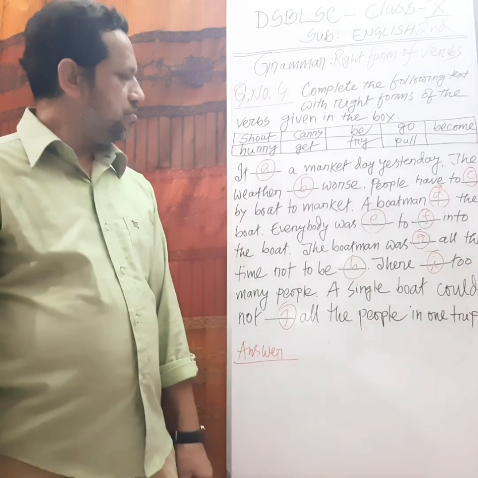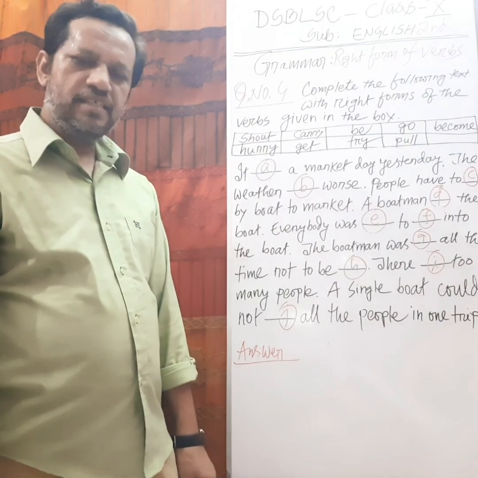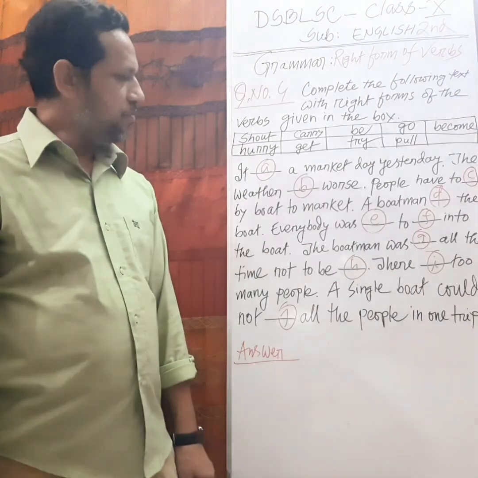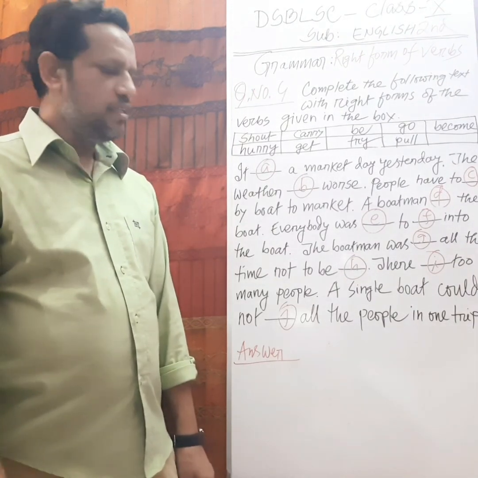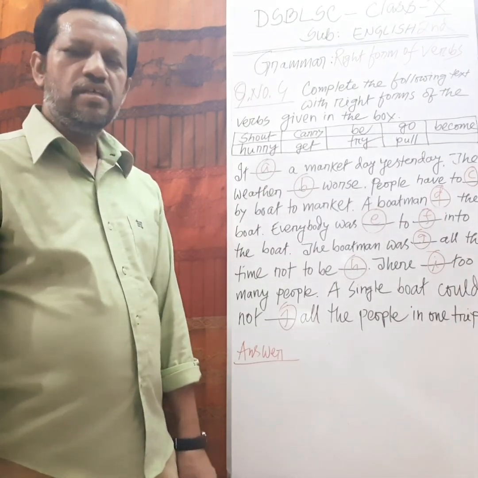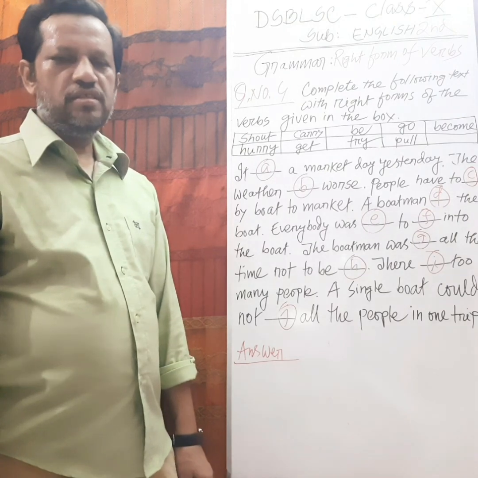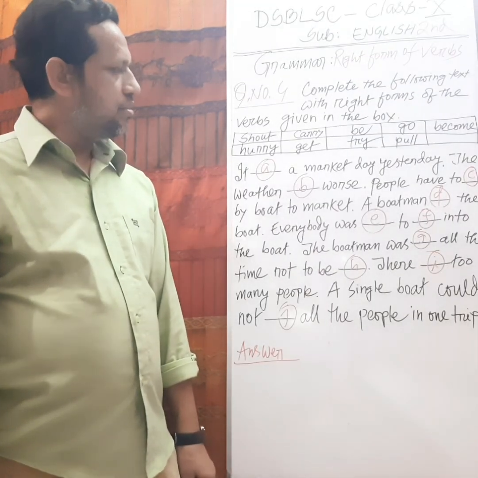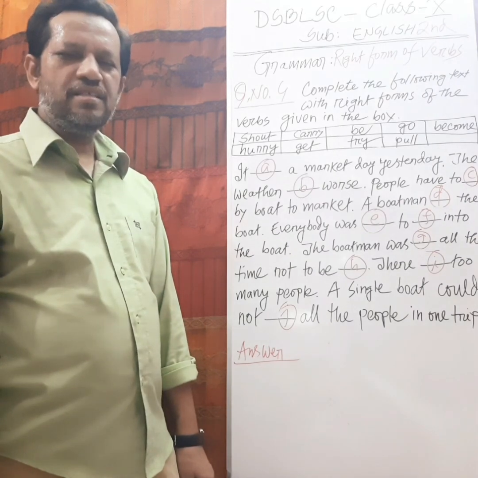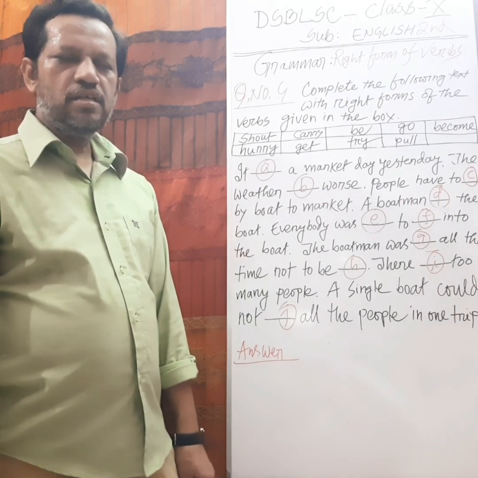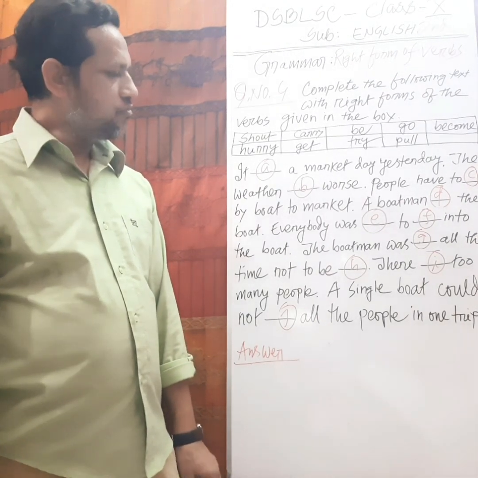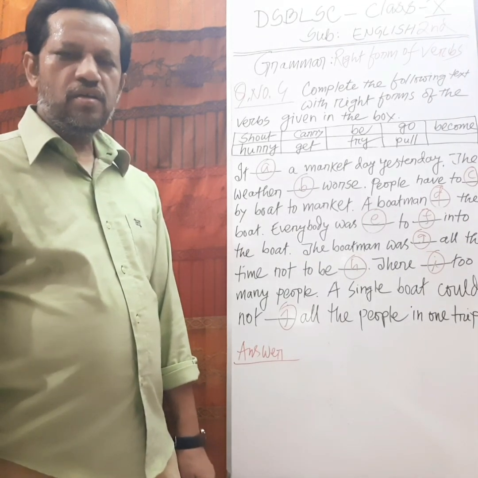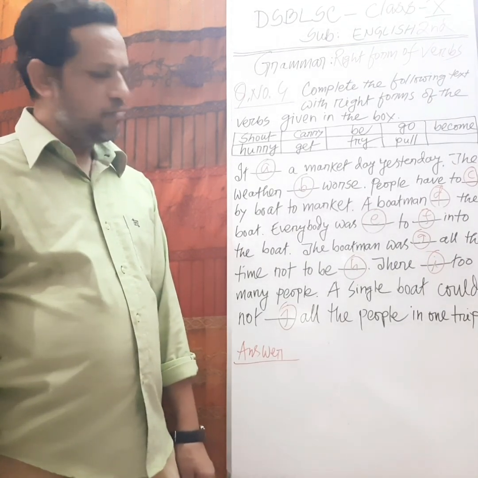I would like to tell you that if you practice and know some rules, then it will be very easy for all the students. So, my dear learners, I advise you, right form of verbs is very easy, not so difficult. You have to be patient, you have to practice, and then you will get good marks in right form of verbs.